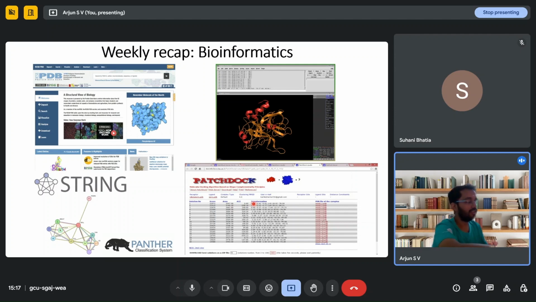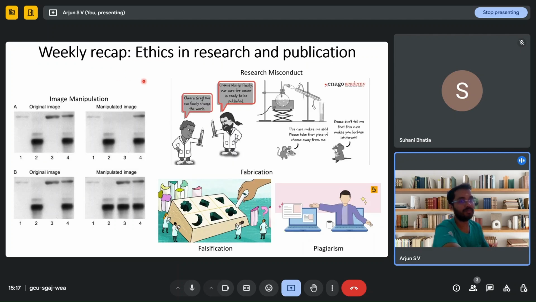In the last part of the course, we saw some facets of ethics in research and publication, where we initially saw the reasons for scientific paper retraction. The course instructor started by saying that in today's scientific scenario, a lot of papers are being retracted after reviewers find wrongful information printed in them.